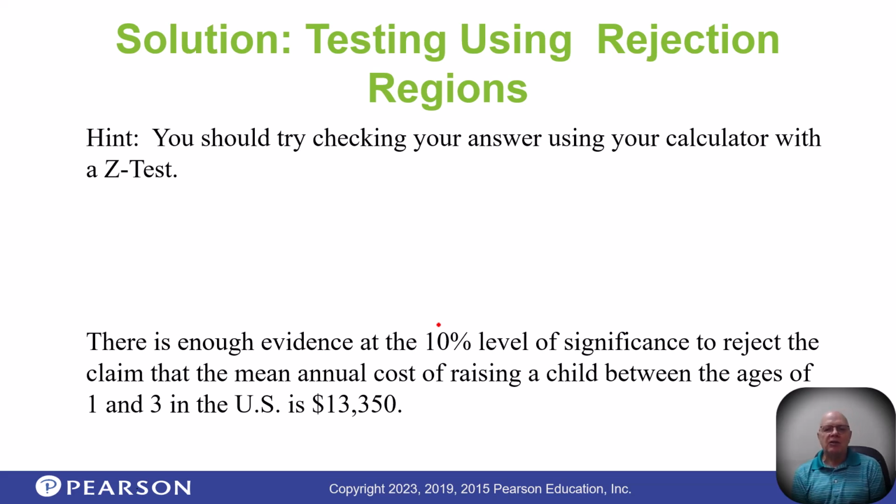Well, that's it, folks. We've finished this section, except for the hard work. And I'll see you next when we won't know the population standard deviation. Oh no. But remember, I gave you a hint. In that case, we'll use t-tests. Until then, keep smiling.